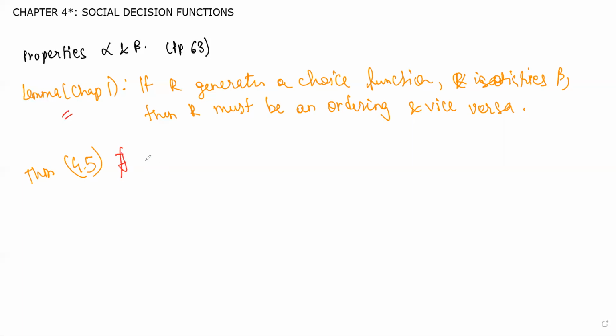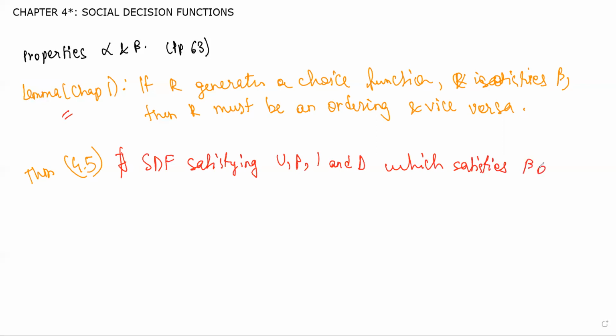There does not exist any SDF satisfying U, P, I, and D, which satisfies property beta also, because the moment it satisfies property beta, it becomes an ordering and hence an SWF, right?